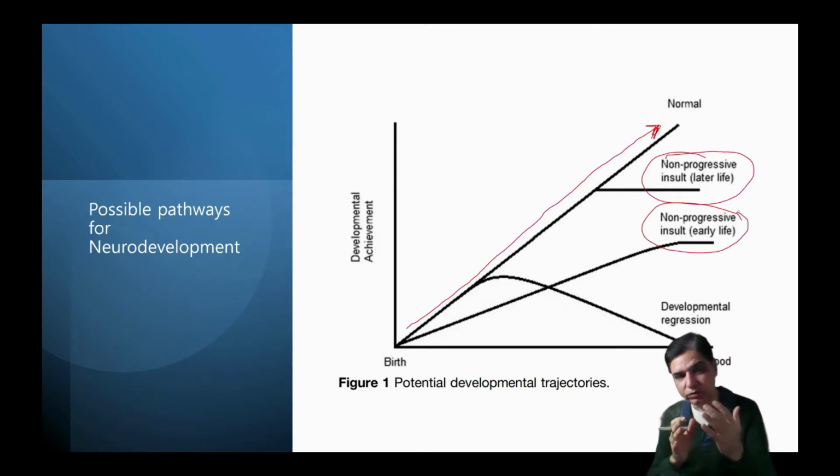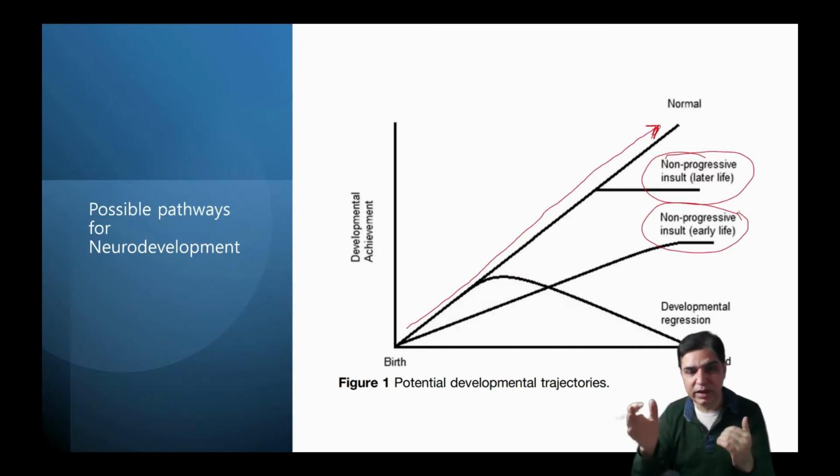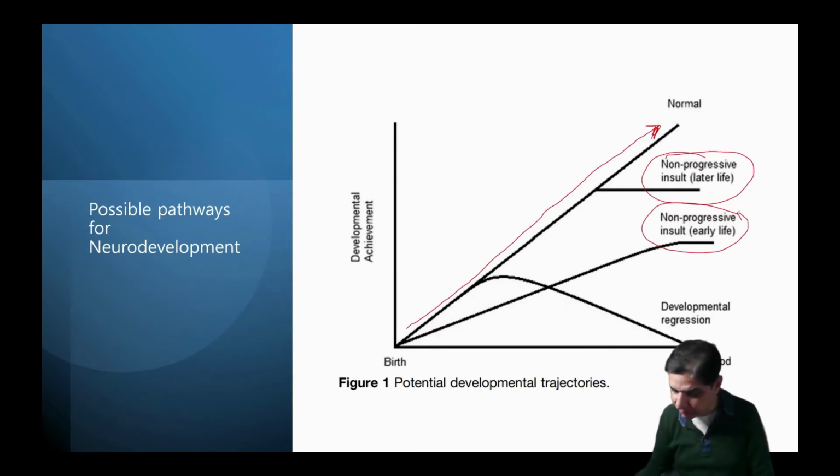Because of some structural defect in the brain, and because it's a static lesion, development stops at an early age, and the child's development remains at the same age where it stopped. Even if the child's chronological age goes on, even if he becomes an adult, his neurodevelopment is of that early childhood age, that typically, as I told you, we see in cerebral palsy.